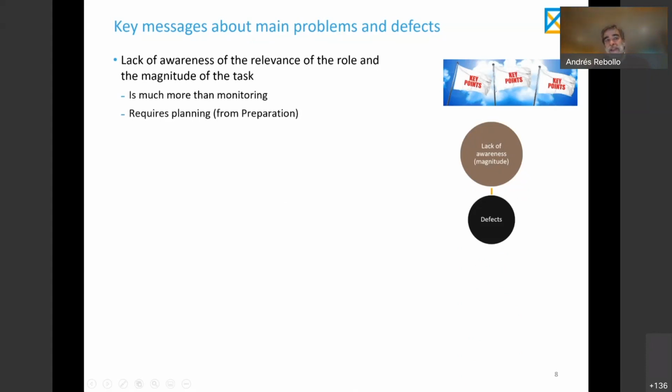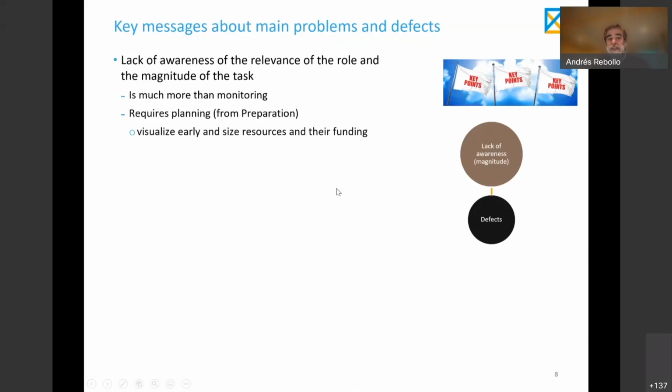Also, coming from this lack of awareness about the relevance, people, mostly the governments, don't realize that it requires a lot of planning, a lot of preparation. From the very beginning of the preparation of the project, in the appraisal phase, when we are dealing with feasibility, contract management should already be on the table.